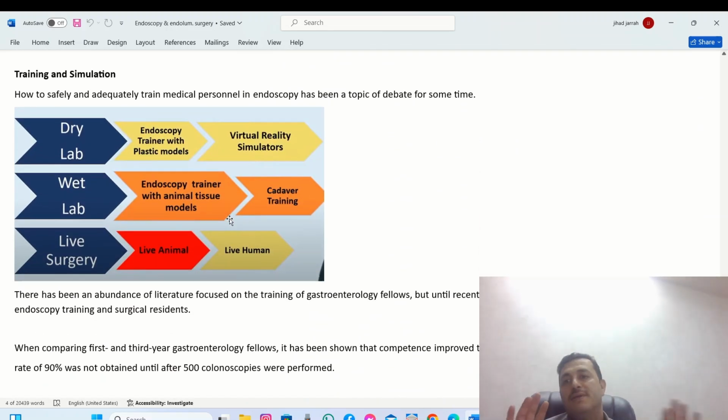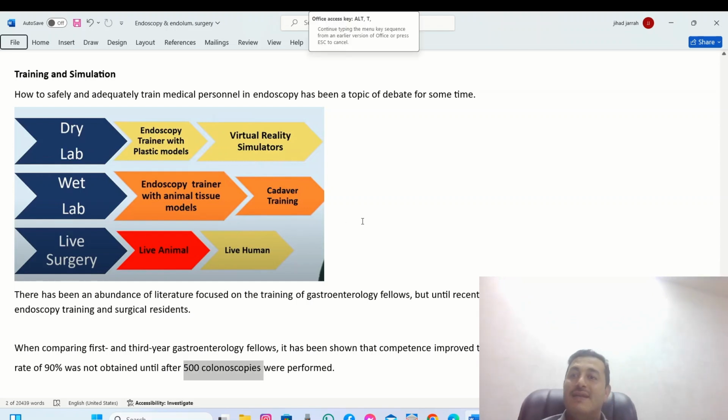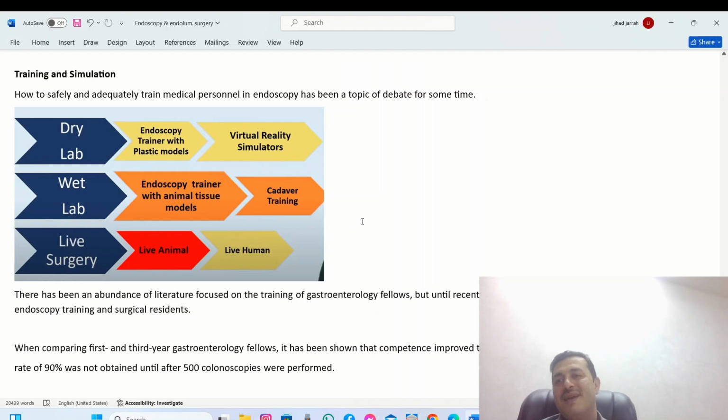Let's talk about the last part of this lecture, training and simulation. We said when we started to talk about colonoscopy that with this procedure you get experience by practicing, not only theory.